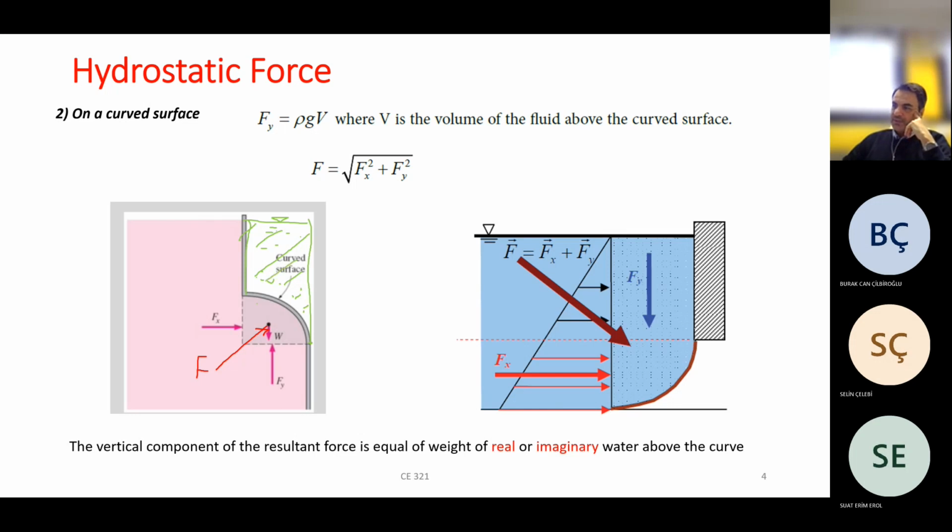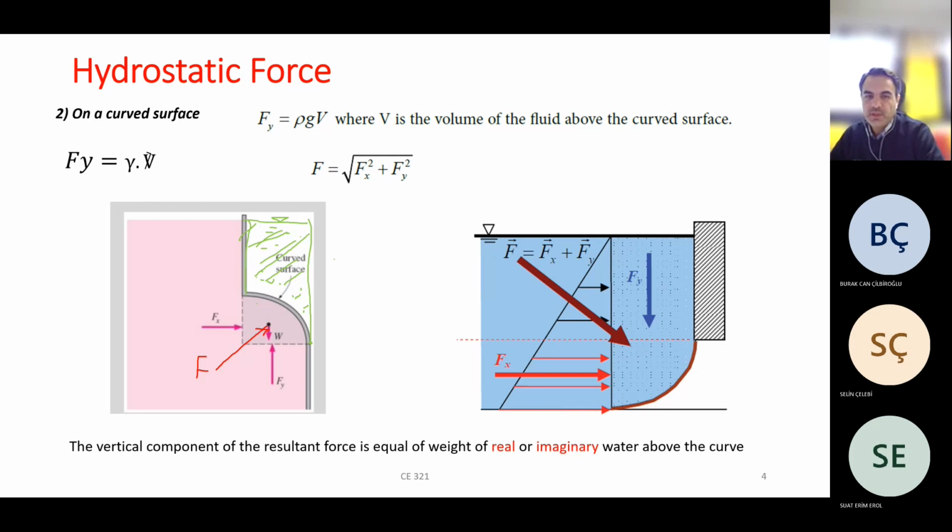How to find it? Easily. To find the weight, you should find the volume of this green area, or area times width gives you volume. Then by multiplying the volume by gamma, you can find the weight of the water above the curve. This is, as I told, imaginary water, and it gives you Fy. Then using this formula, you can calculate the entire or resultant force.